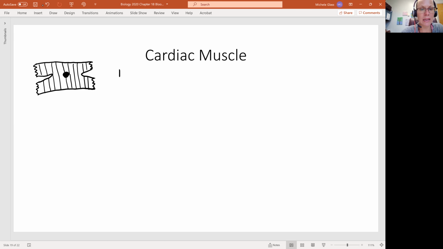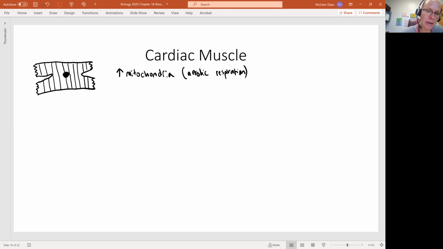They have a lot of mitochondria, which is our location for aerobic respiration, meaning using oxygen to break down glucose or fatty acids in order to make that ATP molecule.